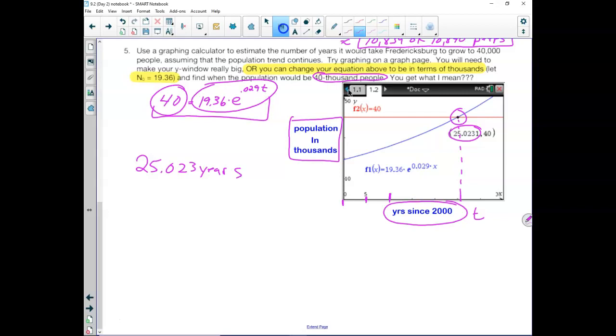Well, t is approximately, pretty dang close to 25, so approximately 25 years. And if it's 25 years, remember, I'm going to have to add that to 2000. So I'm thinking that in the year 2025, the population is going to be 40,000, because remember, this is in thousands. Okay? And sorry for the length of this.